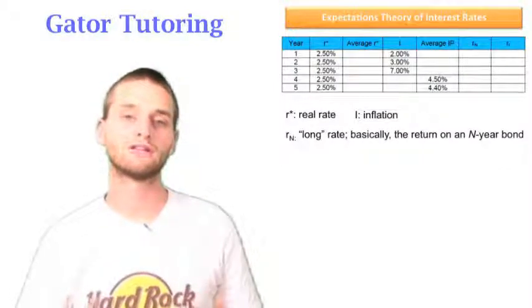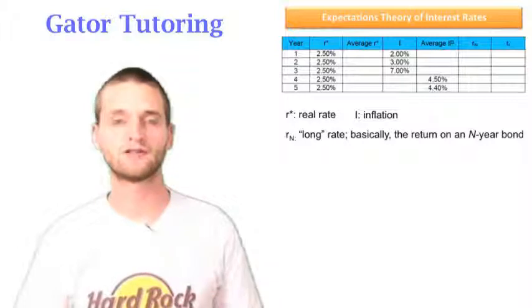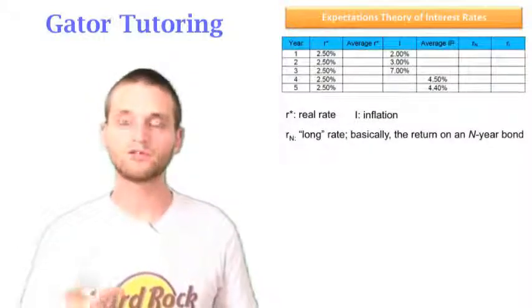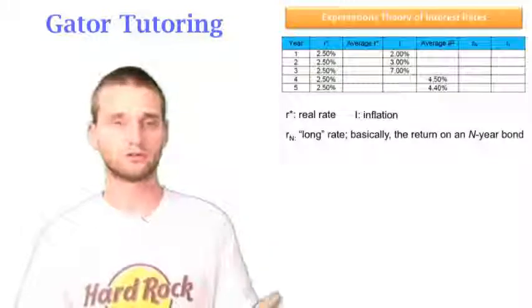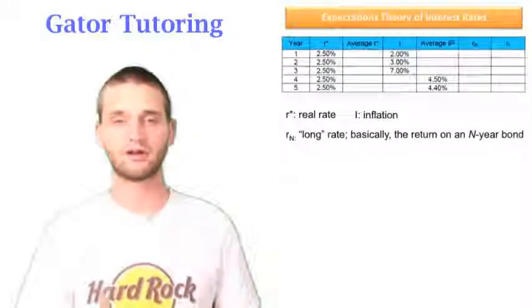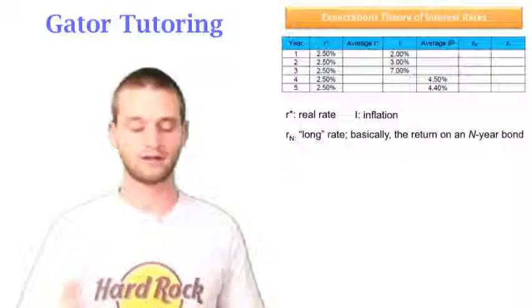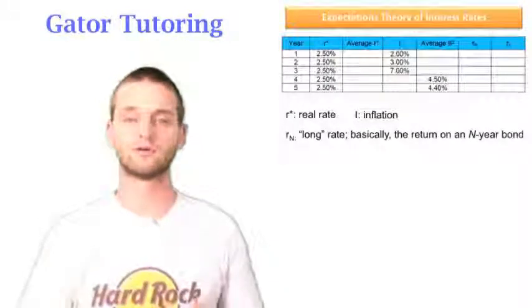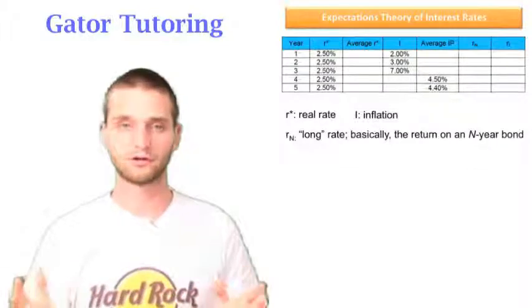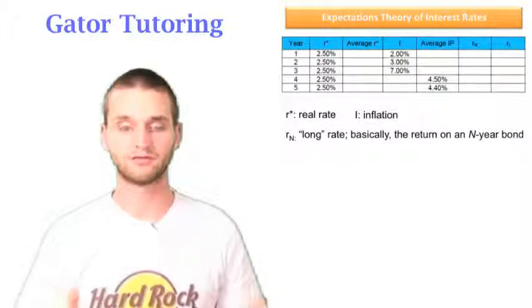So when we think of a 10-year bond and we say it has a yield to maturity, say, of 10%, we're not saying that for sure the interest rate in each of the years 1 through 10 is 10%. We're saying on average that bond will give a yield of 10% in each one of those years. So it's more of an average over a long segment of time, over several periods of time. That's what Rn, the long rate, means.